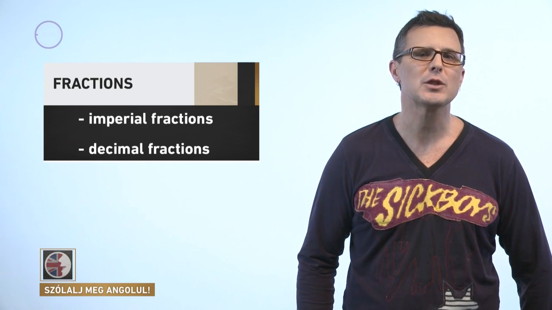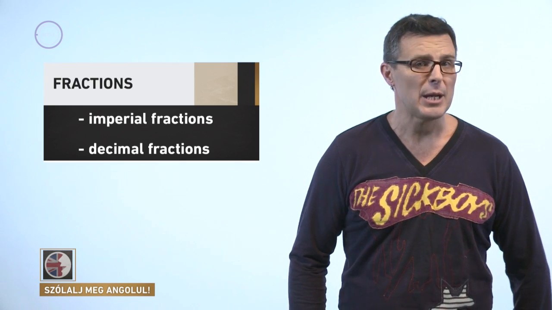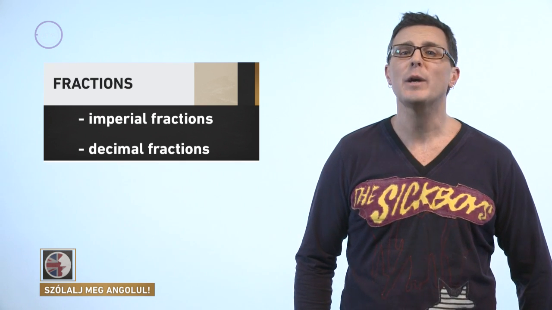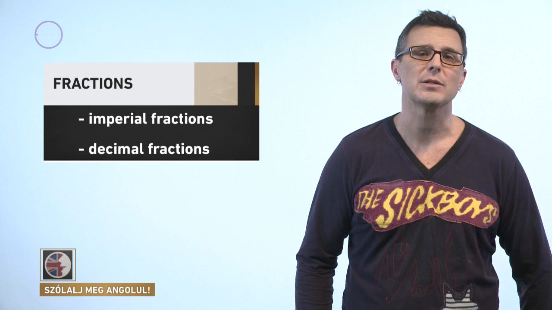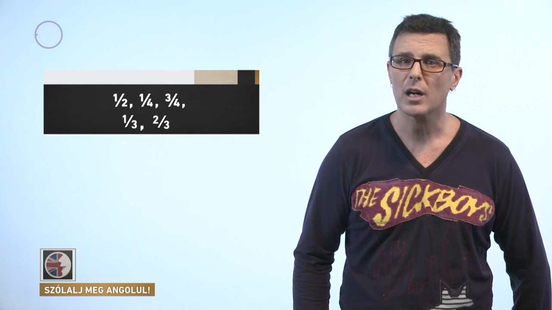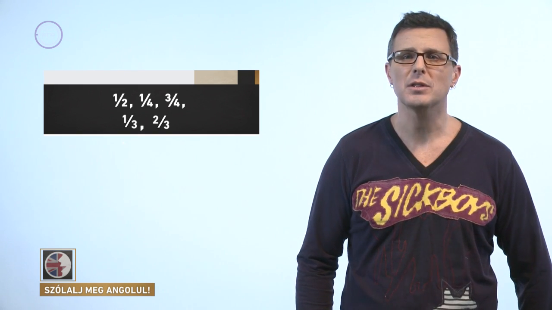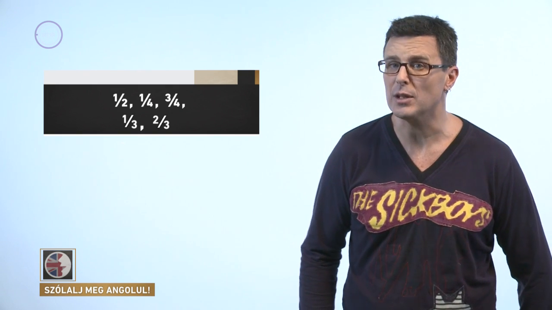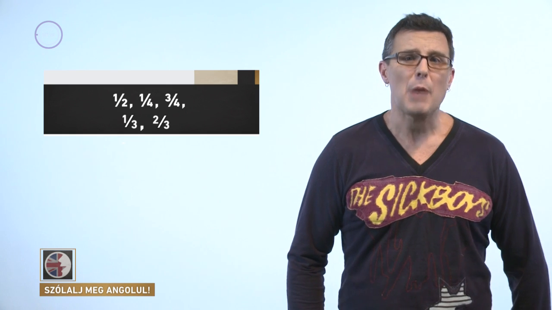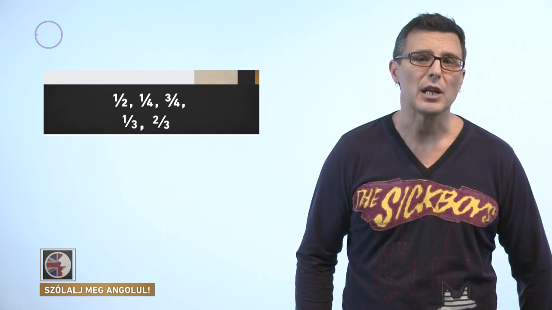We learned that we can talk about fractions in two ways. We can talk about imperial fractions and we can talk about decimal fractions. The most common imperial fractions we use are 1/2, 1/4, 3/4, 1/3, 2/3. When we talk about half, quarter and a third, then we use the singular form.